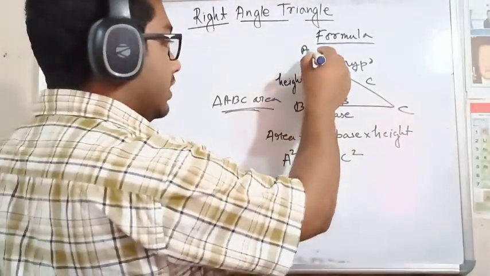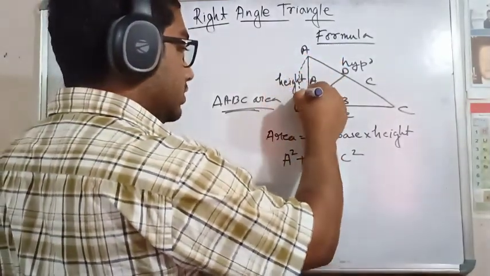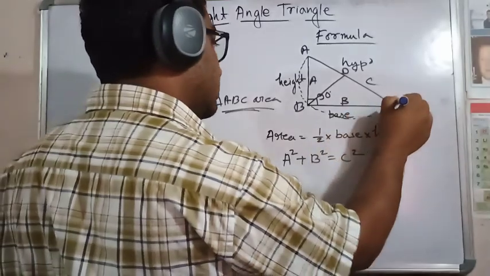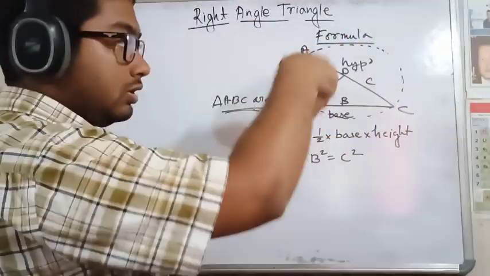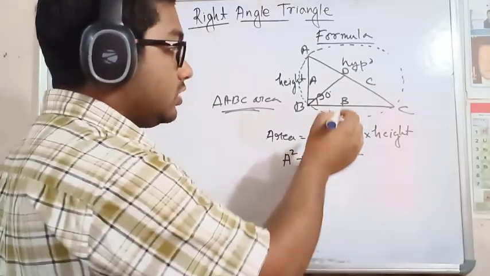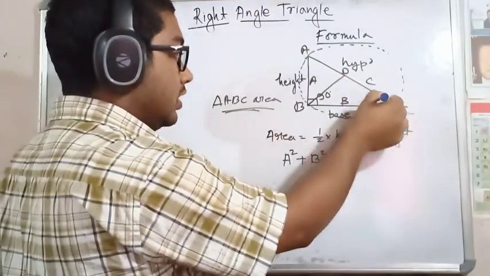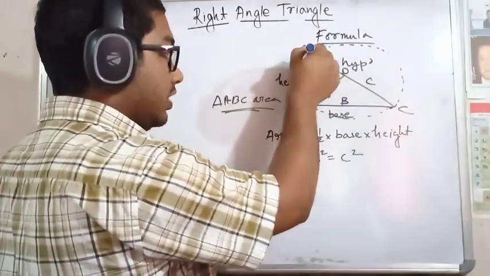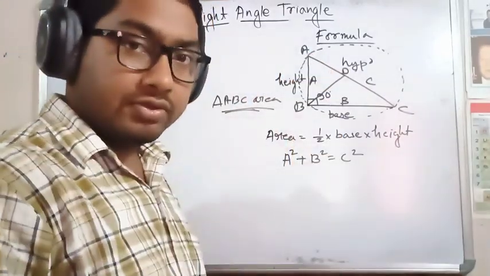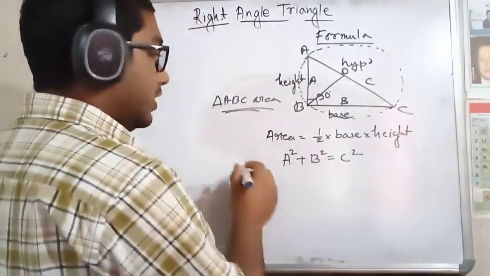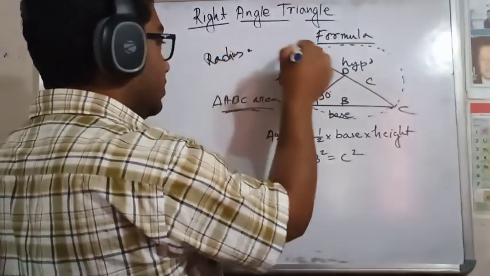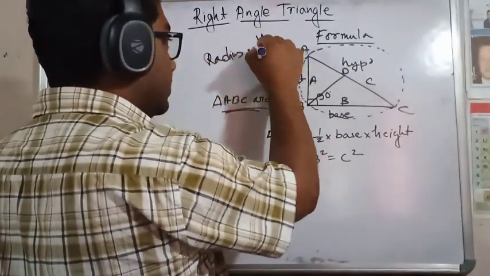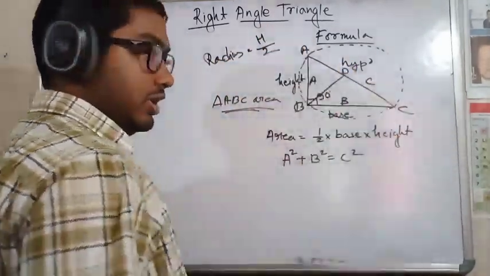When I draw a circle outside of this triangle, then you notice AC is the diameter of the triangle. So the radius of this triangle is equal to hypotenuse by 2.